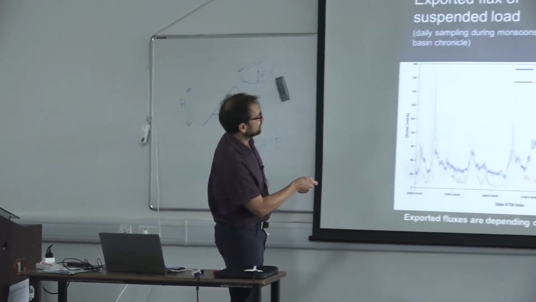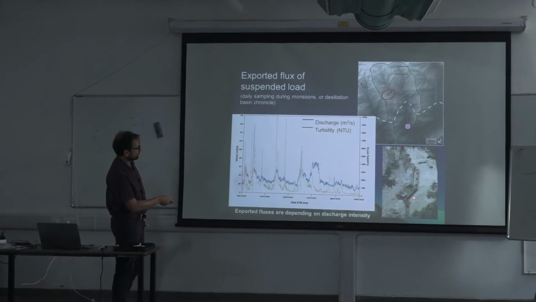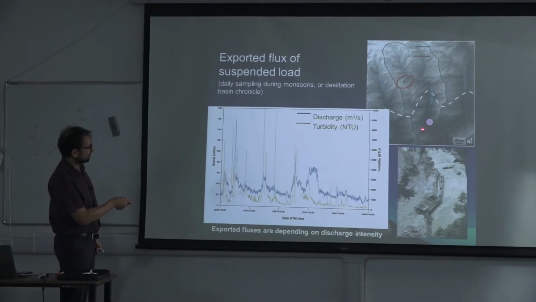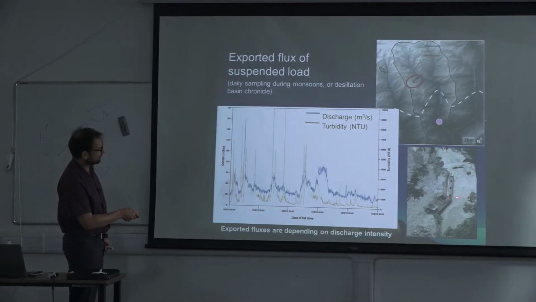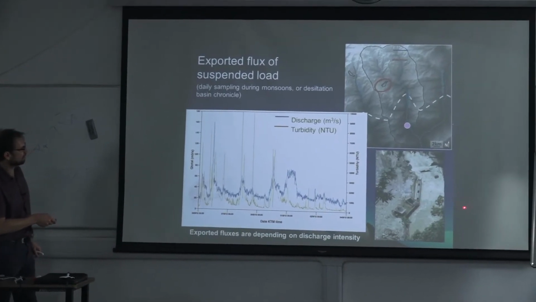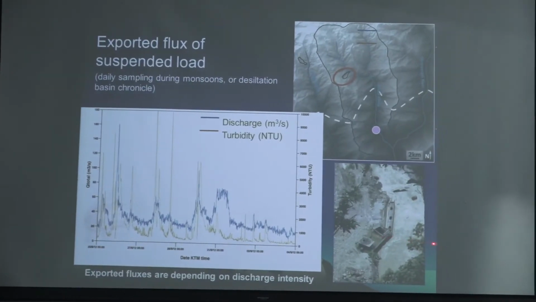So then you can look at, there is some small hydropower station further downstream. There is a concrete dam here. So there is a monitor section where we can collect sediment and where we can also measure water flux.